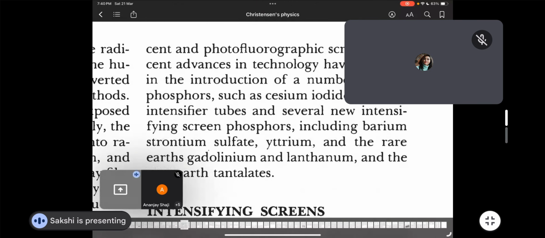So the phosphor in fluorescence. What are photofluorographic screens? Write down this question.